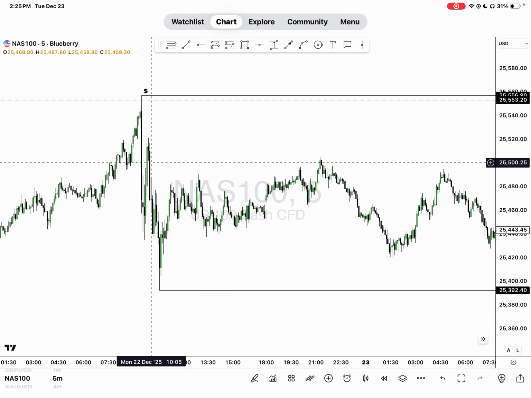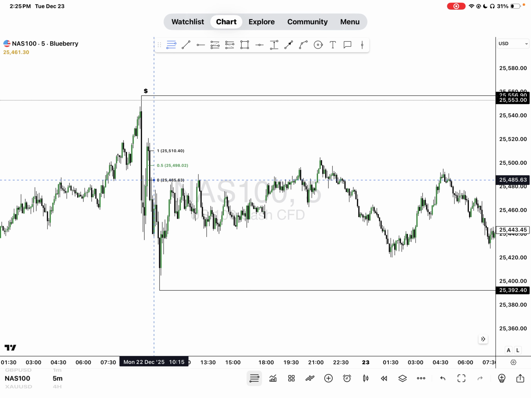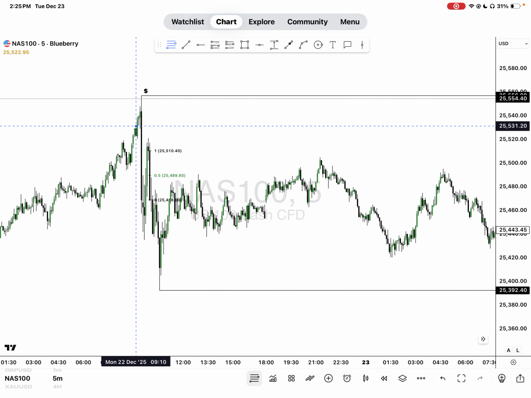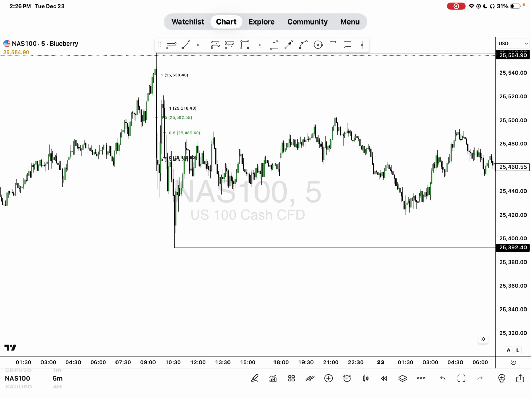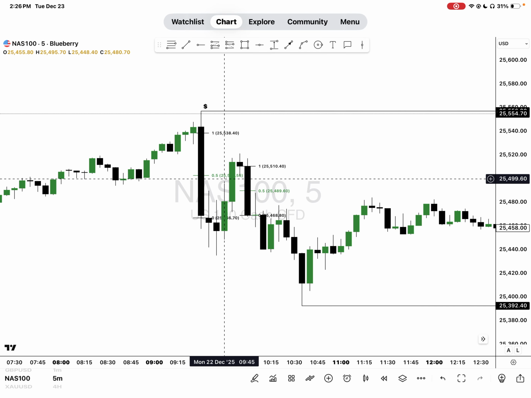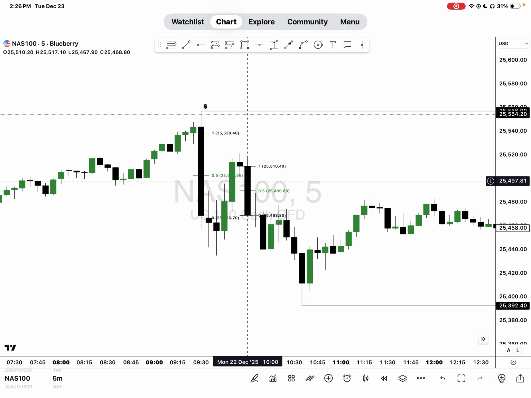We created inefficient pricing, specifically a price gap right here, which is following the mitigation of another price gap, which is actually right here. And so this action of mitigation of a previous price gap led me to see opportunity for the second price gap.